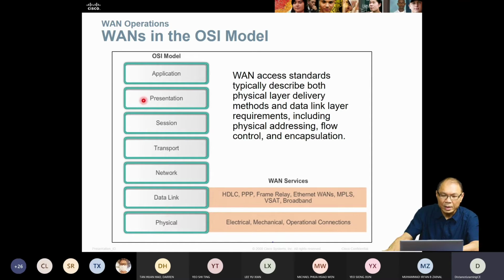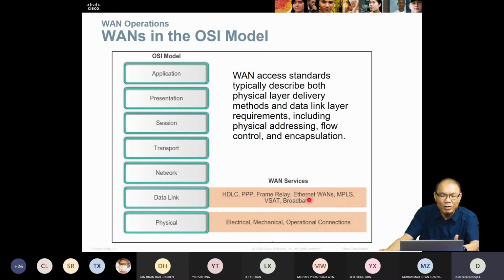At the physical layer, we talk about all the connections: the electrical connections, the mechanical connections, the operational connections. Then when we talk about the data link layer, we talk about the protocols that are being used, whether it's the HDLC protocol, PPP protocol, frame relay, Ethernet WAN, MPLS, VSAT, broadband, and so on.